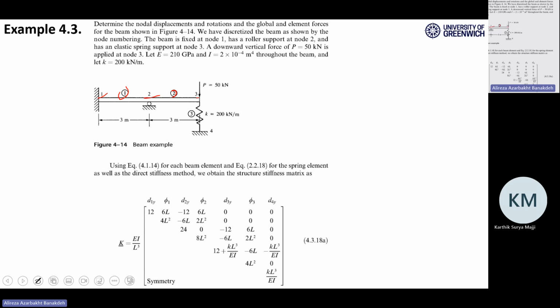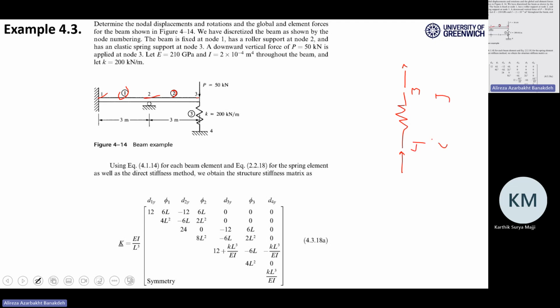Do you remember what we used to do when we had a spring? In the bar, the first topic was bar elements we covered, remember? We had 2 degrees of freedom parallel to the length of the element, right? For example, you can name this 3 and this 4.